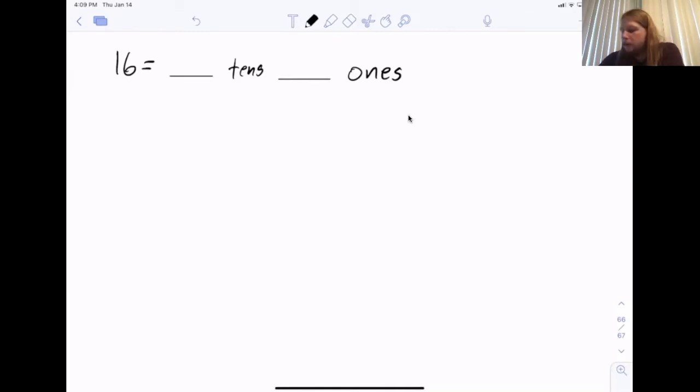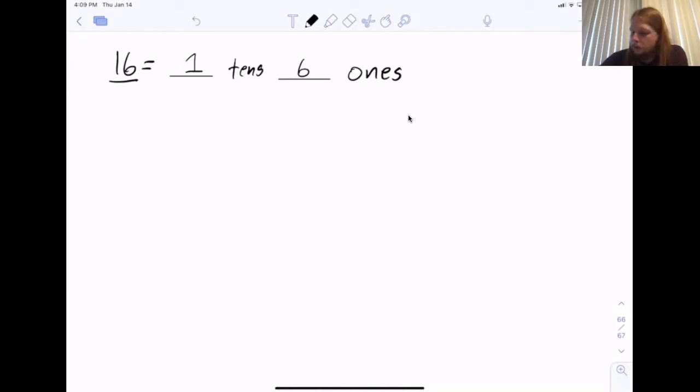So 16. How many tens are in 16? 1. How many ones are in 16? 6. So we have 1 ten and 6 ones. 10 plus 6 makes 16.